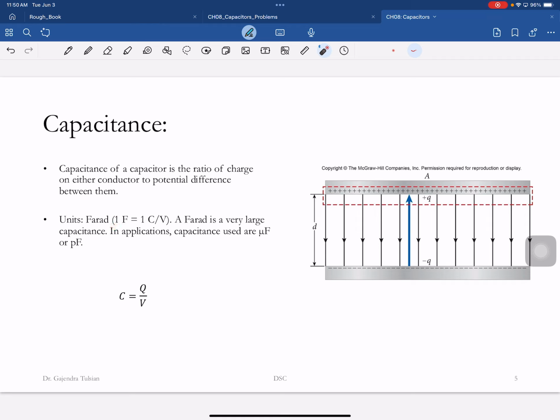And 1 farad is 1 coulomb per volt. A coulomb is a large charge. A thundercloud will have 10 to 50 coulombs of charge. So in a lot of your circuits you use microfarads to picofarads. That's 10 to the minus 6. That's 10 to the minus 12.